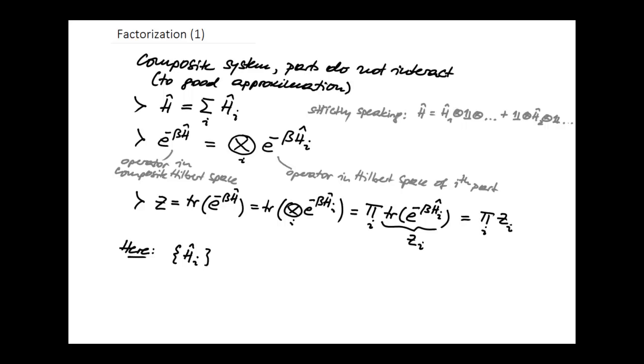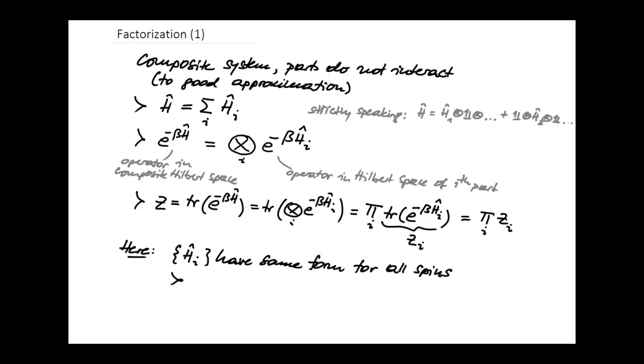They are all Bohr magneton times Pauli matrix, all the same form. So, in fact, it's necessary to evaluate the partition function for a single spin only, because for all the other spins, it will look exactly the same.